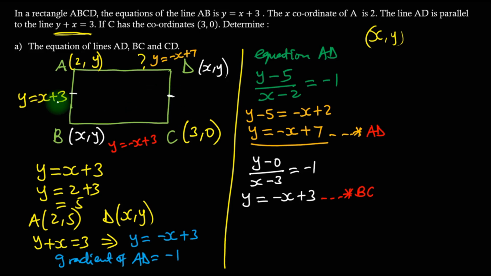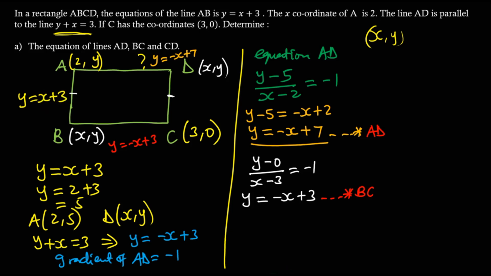That means the gradient of AB is equal to the gradient of CD, and the gradient of AB is 1. The coefficient of x is 1. So from there, we get change in y over change in x will be equal to 1.